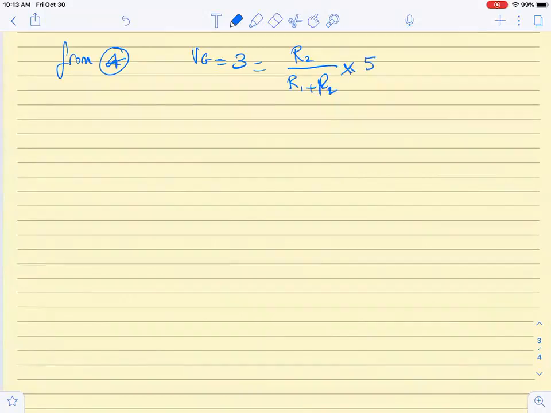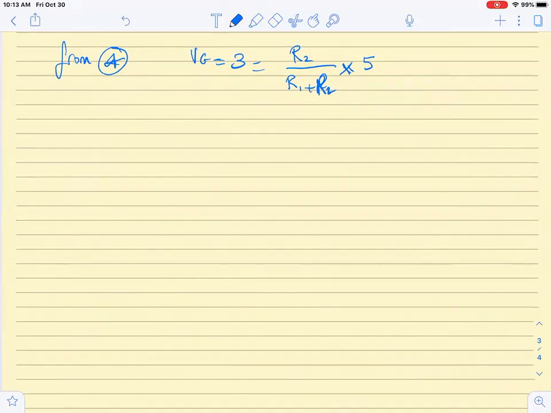Great. I have one equation. How many unknowns do I have? I have 2 unknowns here, right? So typically in this type of problem, where we are looking at 2 resistors that create a voltage divider, because we have 2 unknowns, we are going to assume, for example, R2 equal to 3.